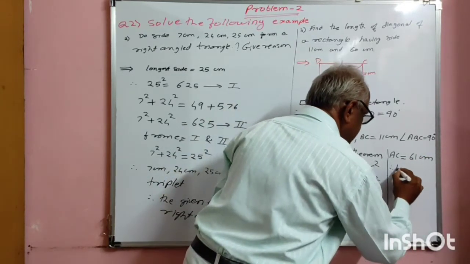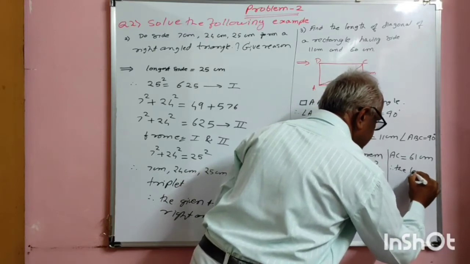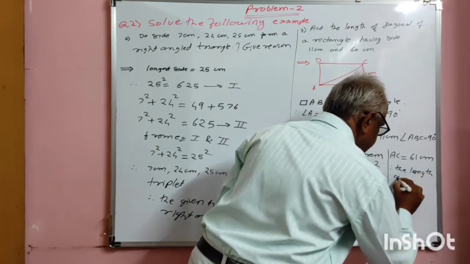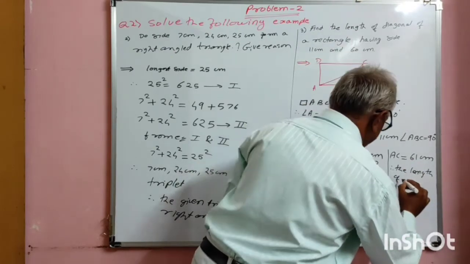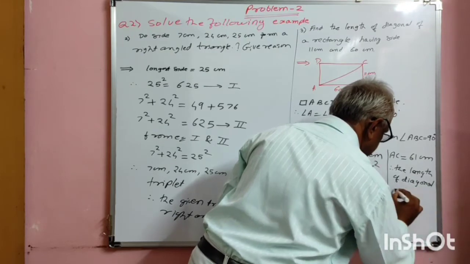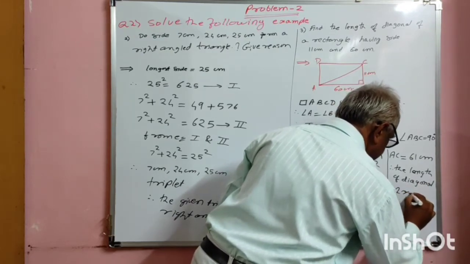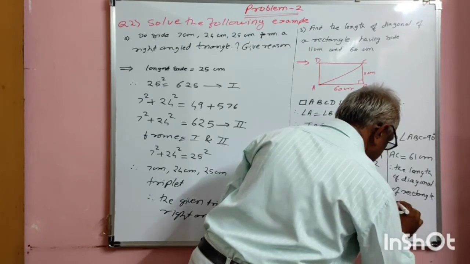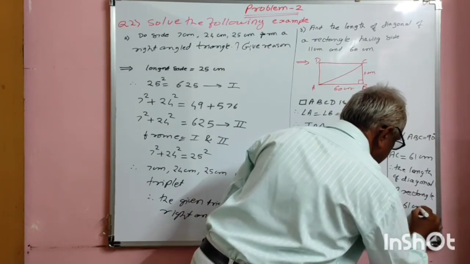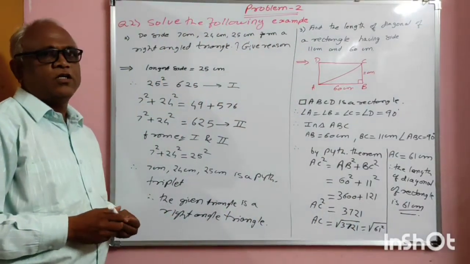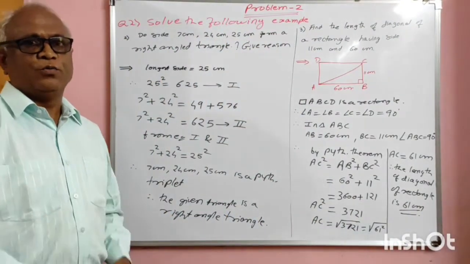Therefore, the length of the diagonal of the rectangle is 61 centimeter. You can remove the screenshot to write it in the notebook.